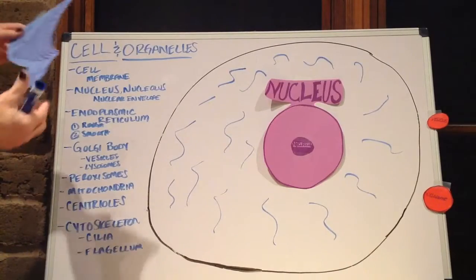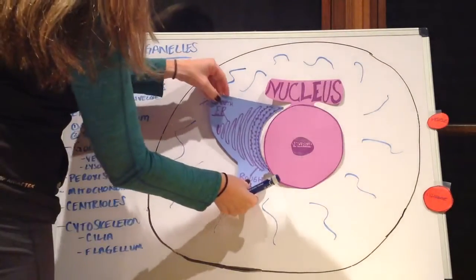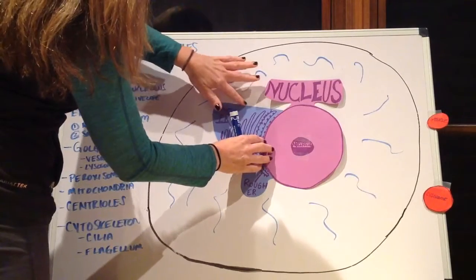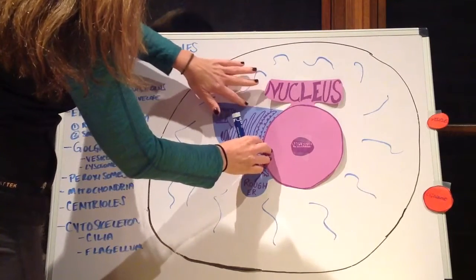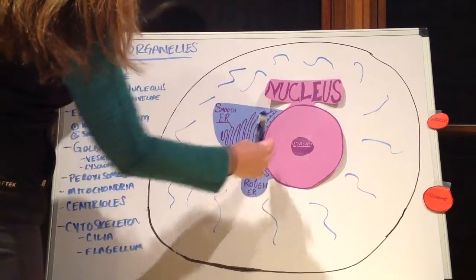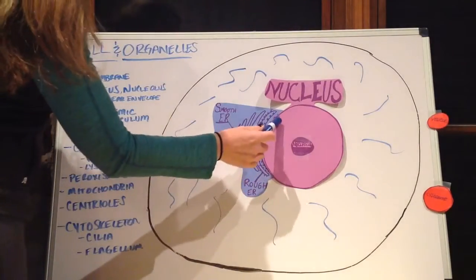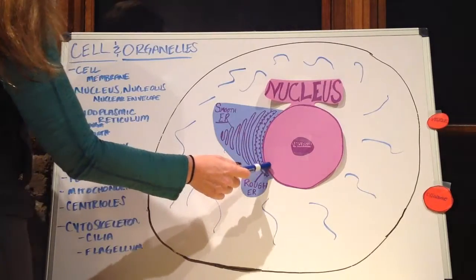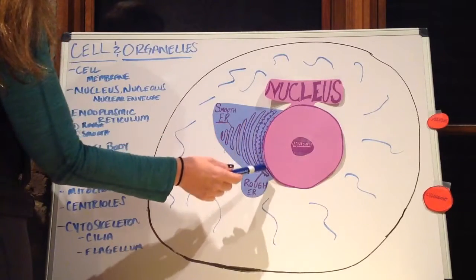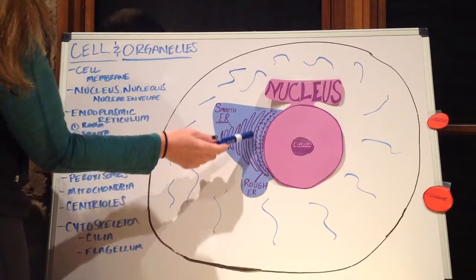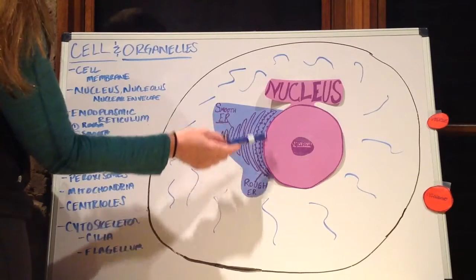The endoplasmic reticulum is comprised of two divisions, the smooth and the rough. The rough endoplasmic reticulum is a continuation of the nuclear envelope, and as you can see, it's easily spotted with ribosomes.